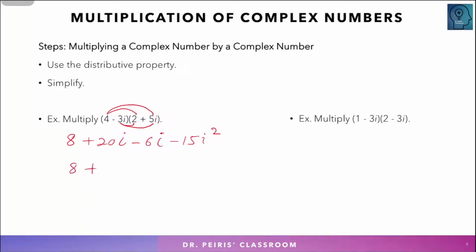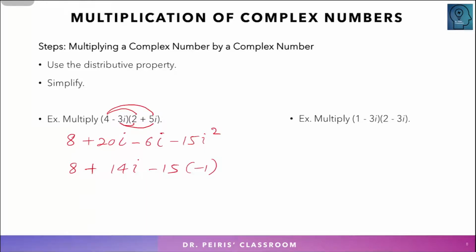So 8 plus 20i minus 6i, these are like terms. So 20 minus 6 is 14i, and then we have minus 15 i squared. What is i squared? We learned that i squared is equal to negative 1.